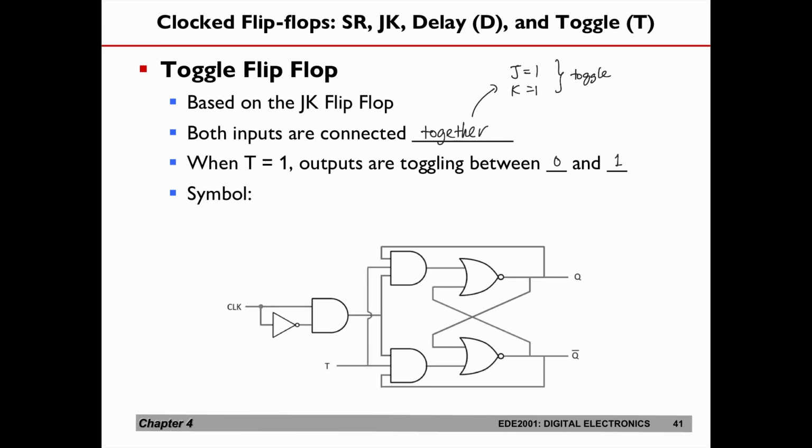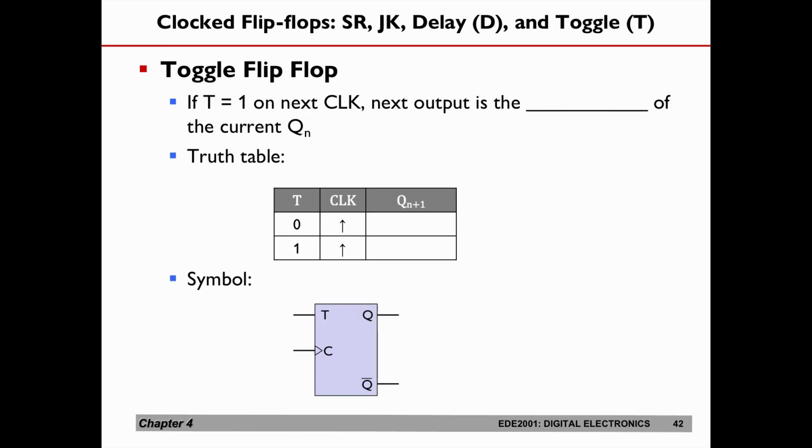The truth table for a T flip-flop is very simple. When T equals 1 on the next clock, the next output will be the complement of the current Q. When T equals 0 on the rising edge, your next Q will just be the same as the current Q. If T equals 1, then you will toggle. So this is the T flip-flop.